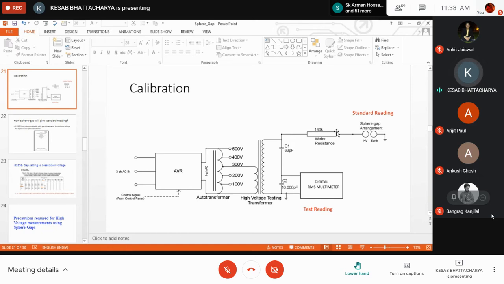Either we could use carbon resistances, as is done in solid state circuits, but a single piece of carbon resistance of value 180 kilo ohm is not always readily available. Then we could make series parallel units of resistances, and the value of the unit could have been 180 kilo ohm, but the reliability of these resistances in power circuits is not very good.